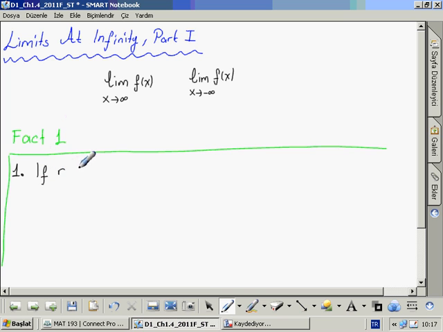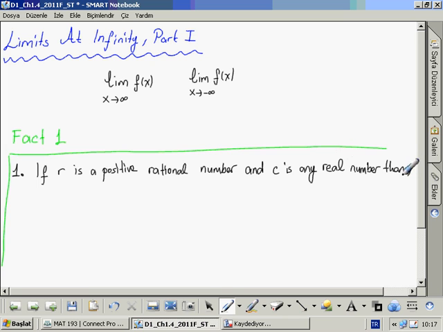If r is a positive rational number, and c is any real number, then the limit as x goes to infinity of c over x to the power of r equals 0.